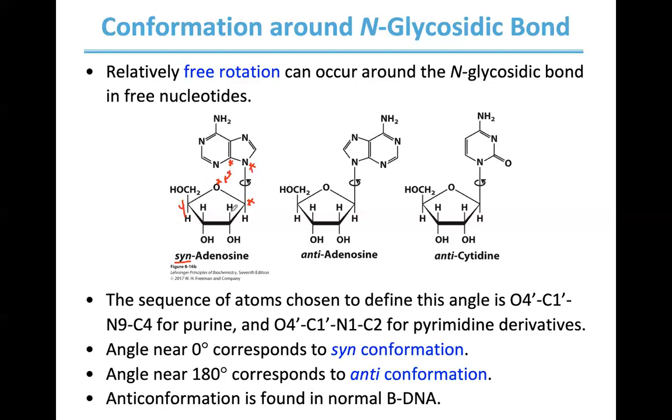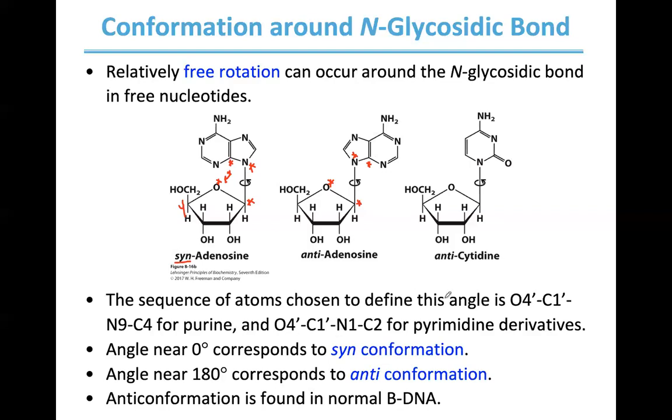Now for pyrimidine, this will be syn, but if this rotates by 180 degrees, this will be trans or, more correctly, anti. Like so. Now for pyrimidines, we actually follow this carbonyl here, and the most stable is the anti, in which the carbonyl is on the outside.